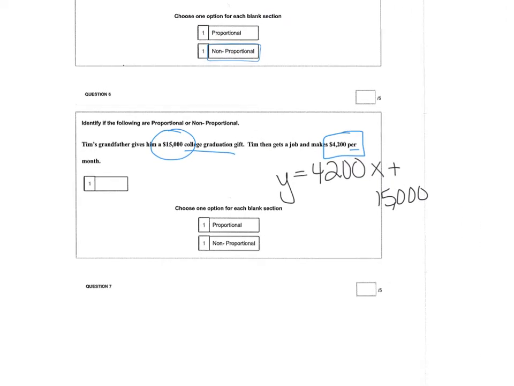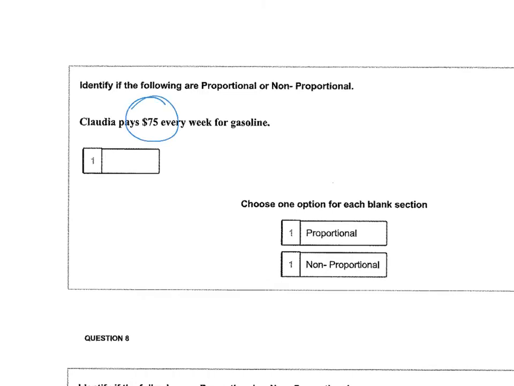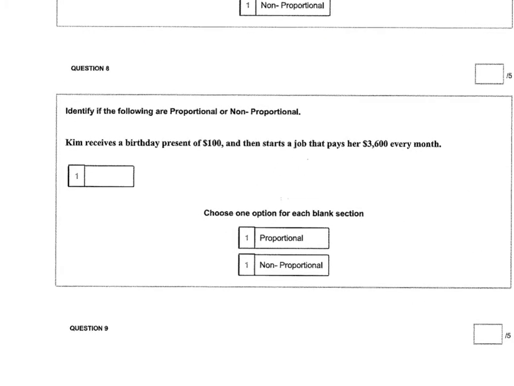But the fact that there's two numbers tells us that it's non-proportional situation. Claudia pays $75 every week in gasoline, for gasoline. One number. Kim receives a birthday present of $100, then starts a job that pays her $3,600 every month.